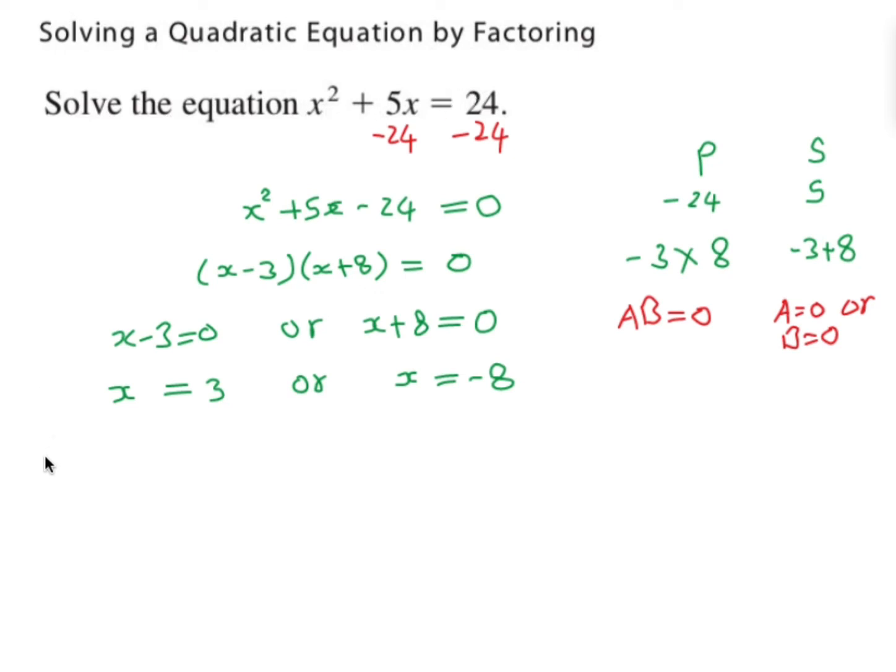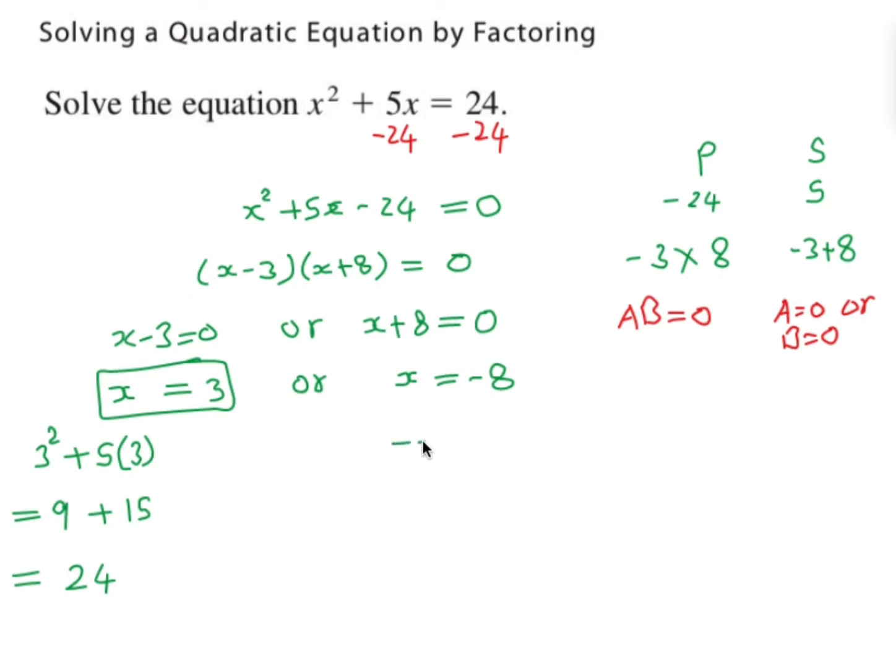So x square means 3 square plus 5 times 3, and we check if we get 24 or not. 3 square is 9, 5 times 3 is 15, and 9 plus 15, yes, 24. So this is our solution.